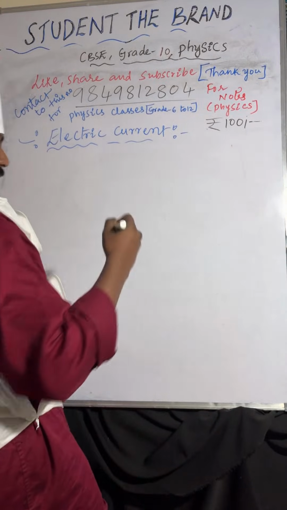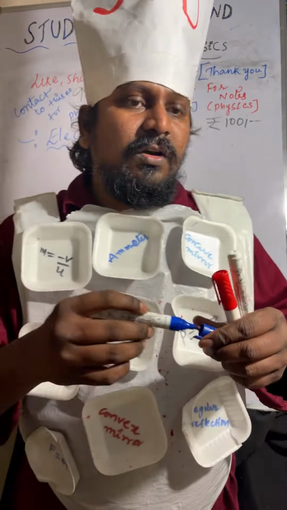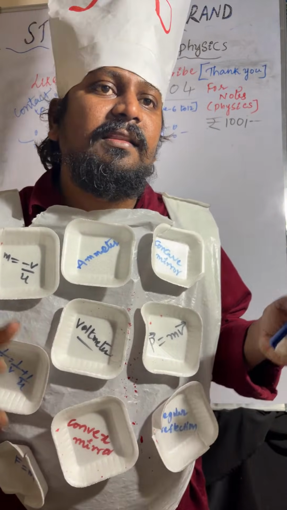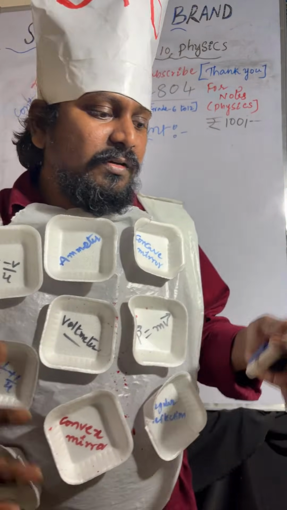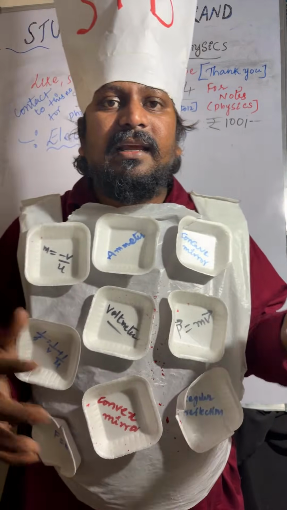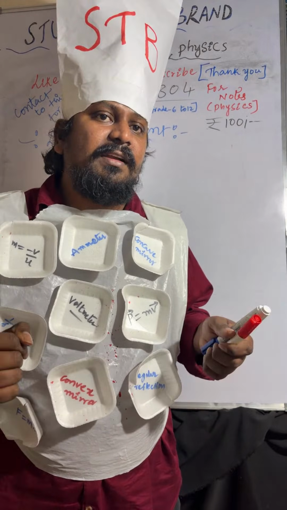Heating effect of electric current is nothing but the source of energy continuously gets dissipated entirely in the form of heat. It is called the heating effect of electric current.